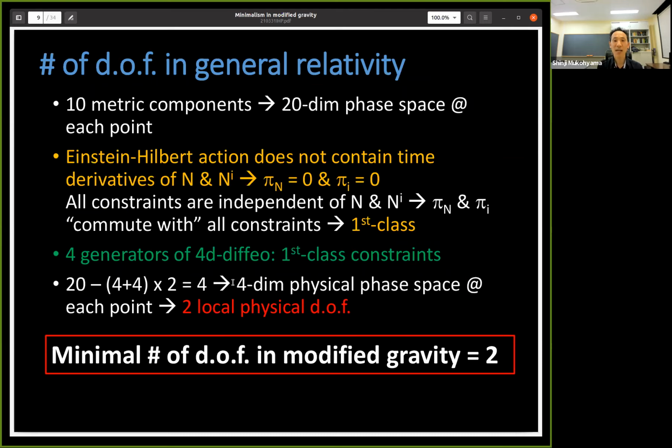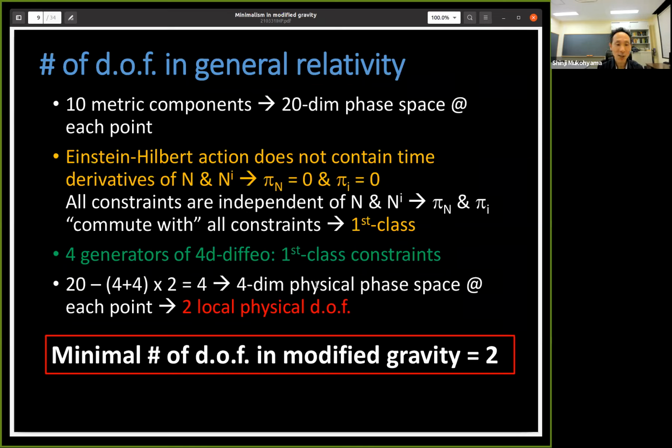We can change four-dimensional coordinates to any coordinates, so this is a symmetry. So we have 4 generators of 4D diffeomorphisms. They are first class constraints. So we have 4 plus 4 first class constraints, in total 8. We started with a 20-dimensional phase space and 8 first class constraints, and each of them removes 2. So we end up with a 4-dimensional physical phase space.